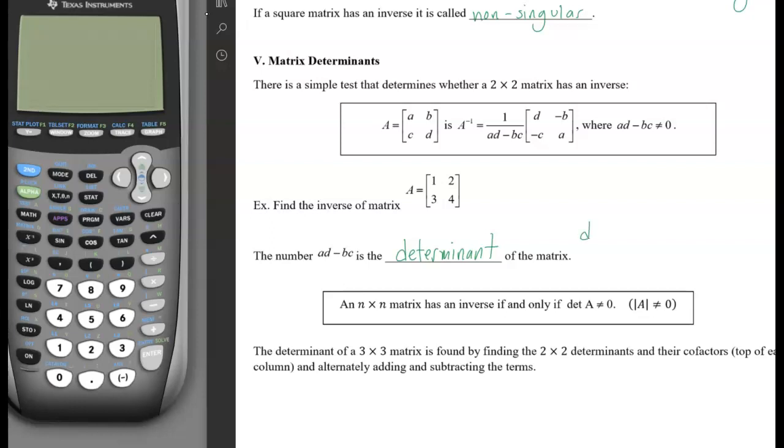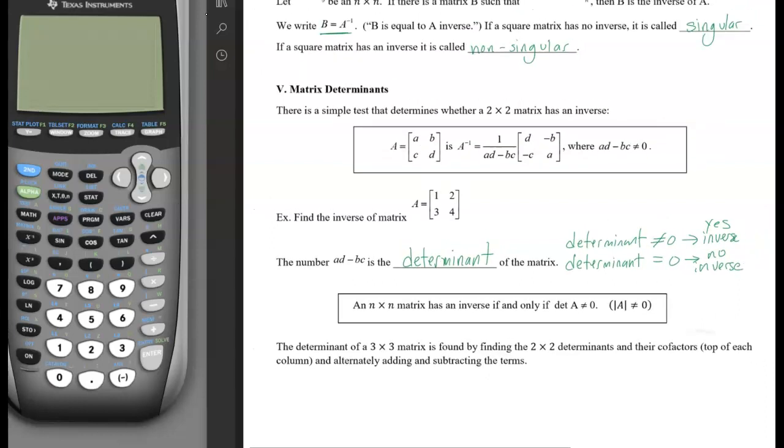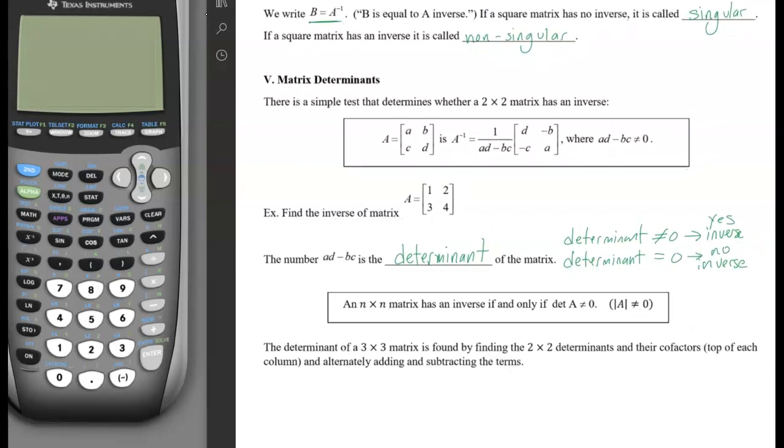So let me write that. Yes, inverse. If your determinant is equal to 0, there is no inverse for that matrix. Just a simple test to figure out, okay, is there going to be an inverse or not?